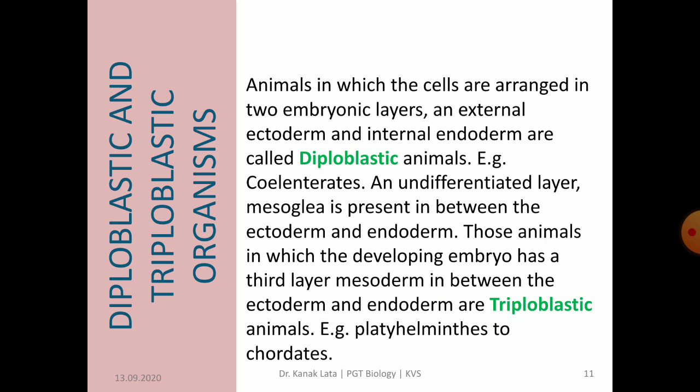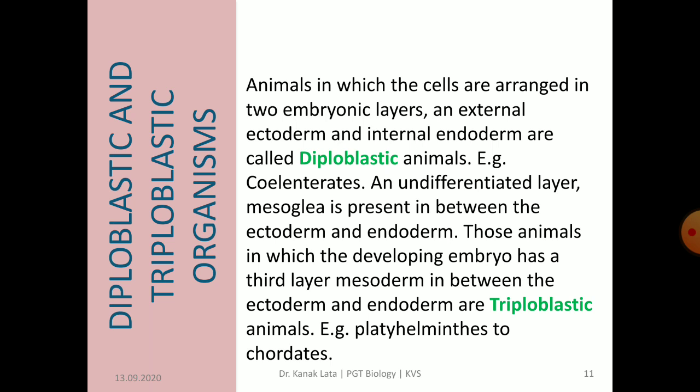Now it is about diploblastic and triploblastic organisms. The early embryo acquires fundamental cell layers, and these layers are called germ layers. When cells are arranged in 2 embryonic layers, an external ectoderm and an internal endoderm, it is called diploblastic, for example in coelenterates.